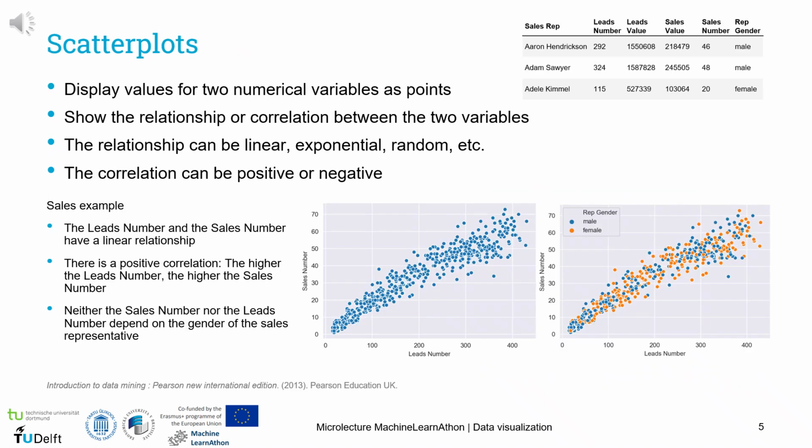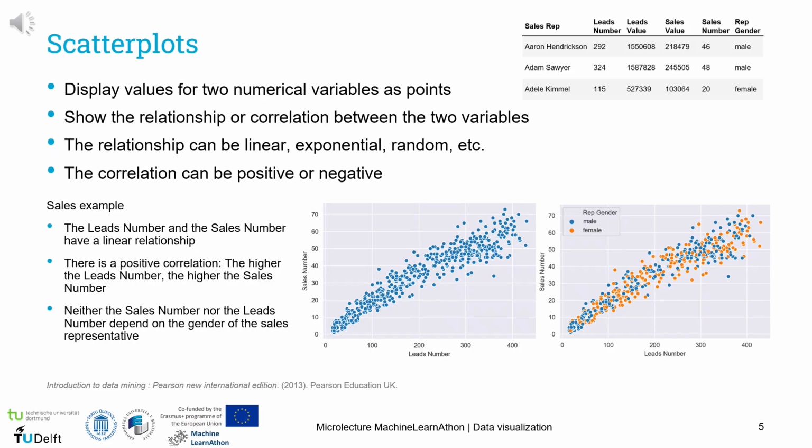One of the probably most intuitive ways to plot two numerical variables against each other is to use a scatter plot. It displays every single data point as a point in the plot, and it is very helpful to show a relationship or correlation. The relation can be linear, exponential, or just non-existent.